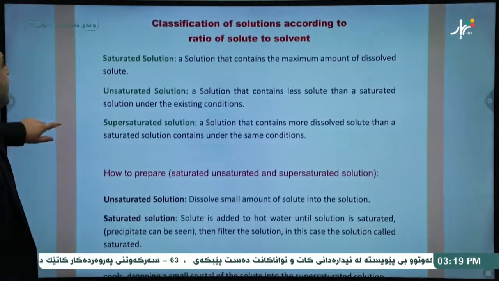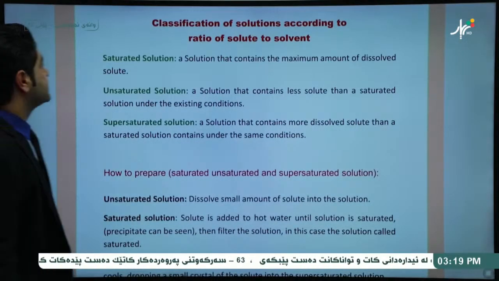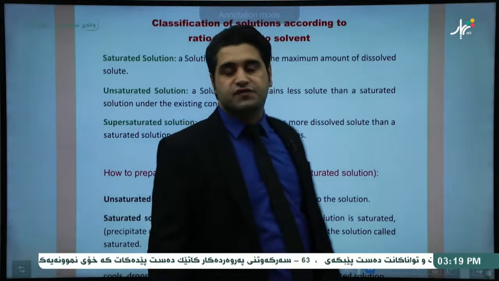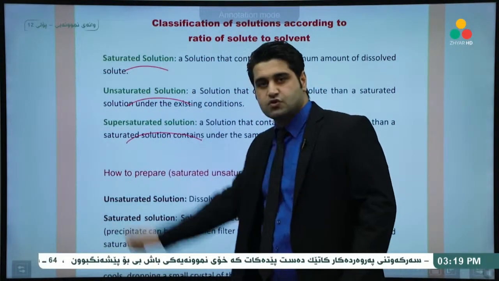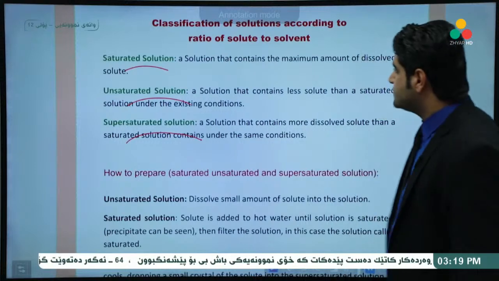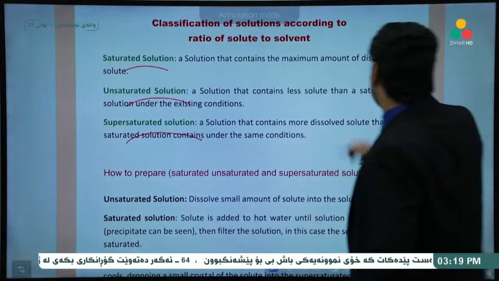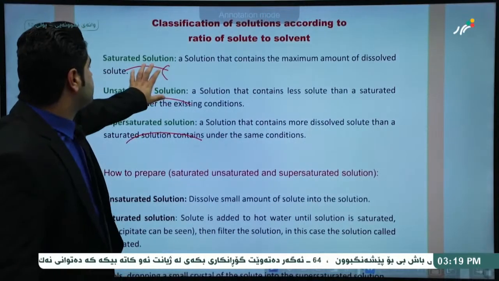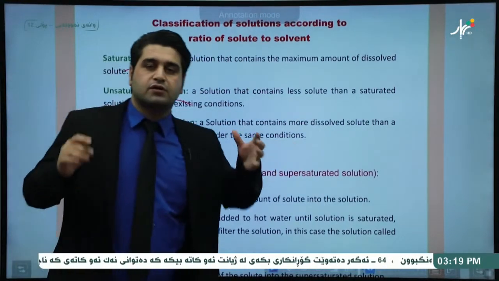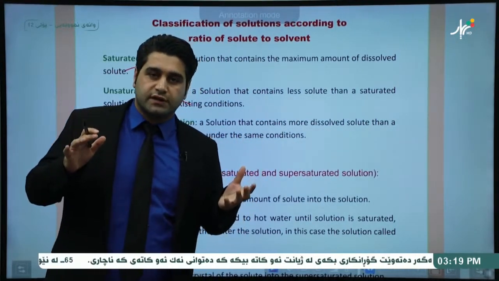We have another classification of solutions based on the amount of solute, which is saturated, unsaturated, and supersaturated. For a saturated solution, the solution is at equilibrium. It is a solution that contains a maximum amount of dissolved solute, okay?